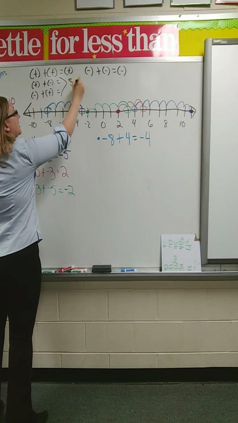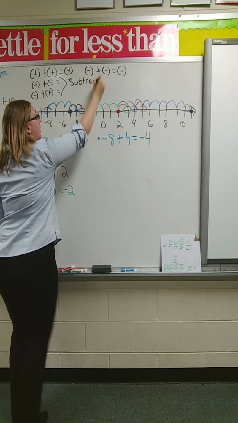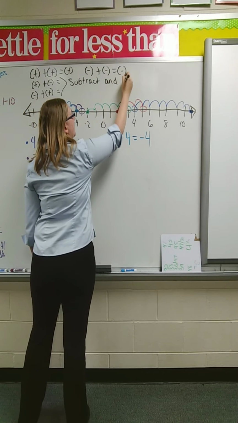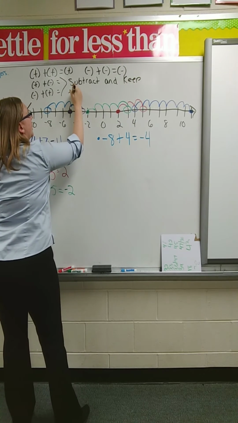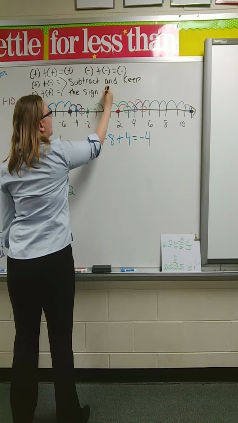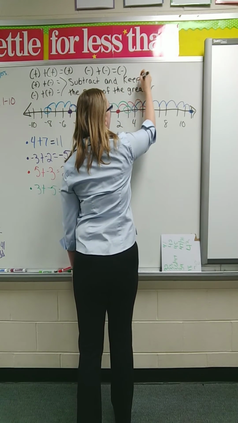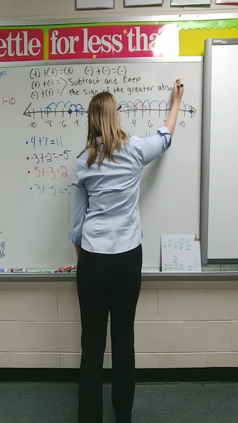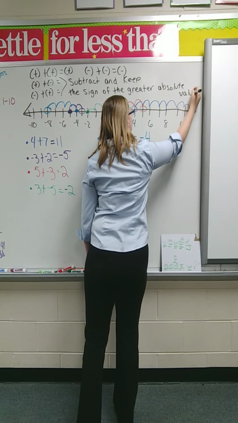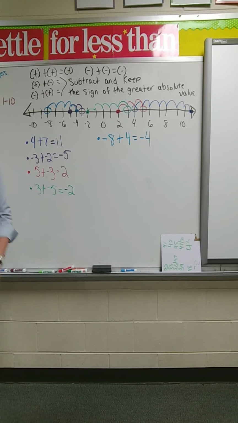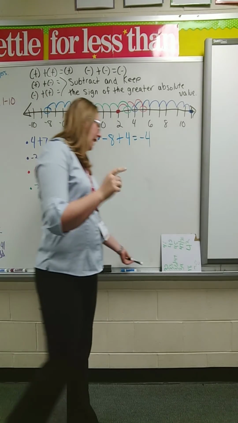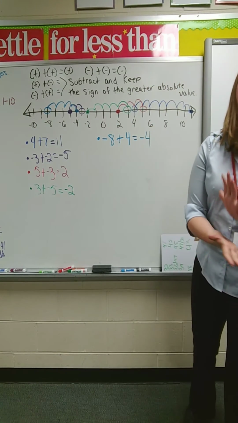We are going to subtract and keep the sign of the greater absolute value. If the signs are different, we're going to subtract the two numbers and keep the sign of the greater absolute value.